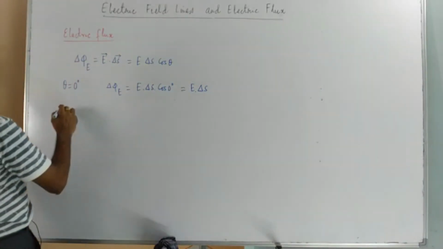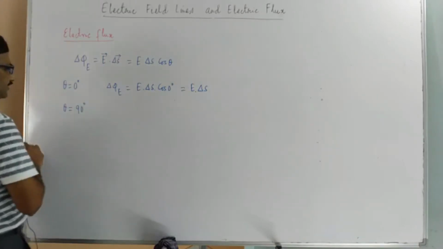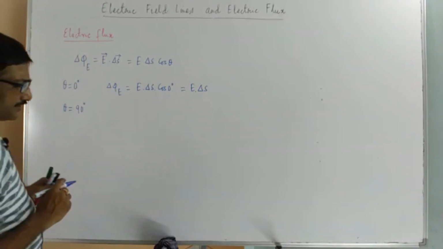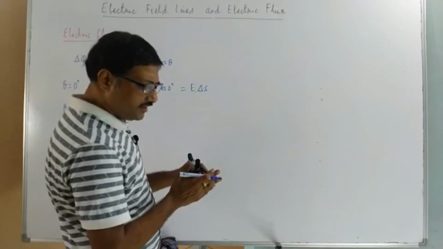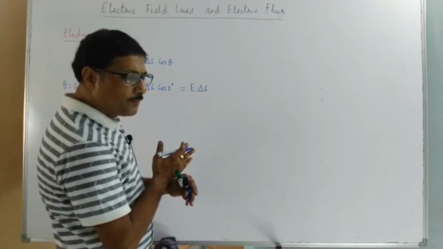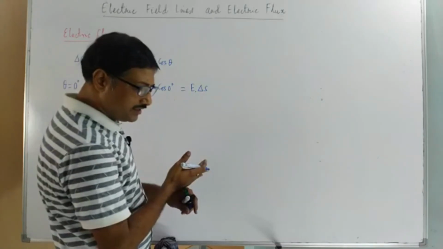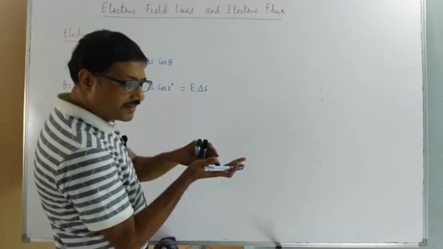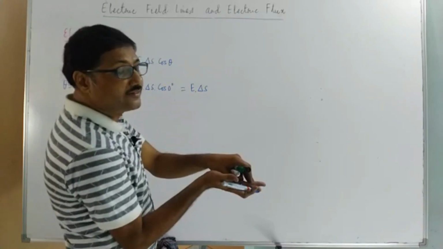If theta is equal to 90 degree, the angle between the direction of the area vector and the electric field is perpendicular. In other words, the direction of the electric field is parallel to the plane of the area element.